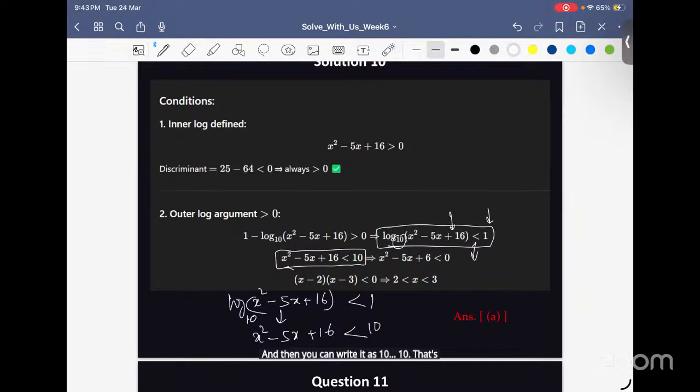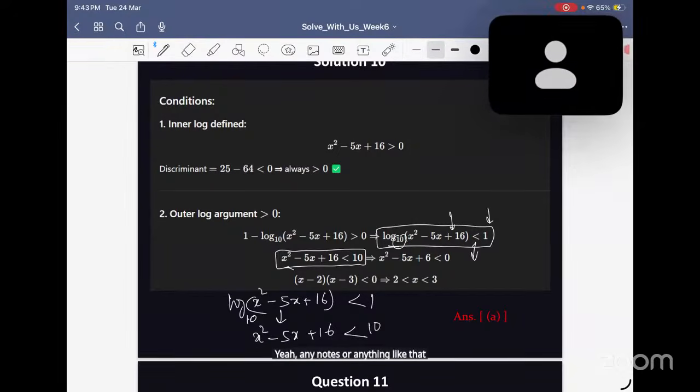Is there any document or any PDFs that I can refer to for the inequality part? There is no document as such, but I can just send you some screenshots or notes, anything like that which I can refer to?